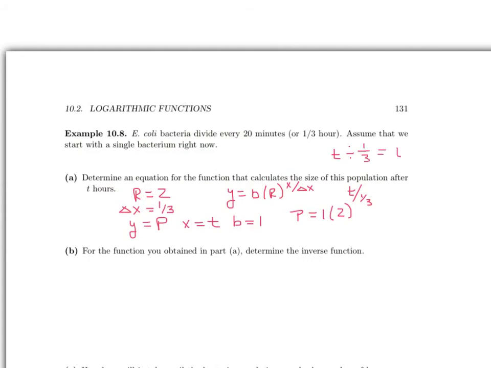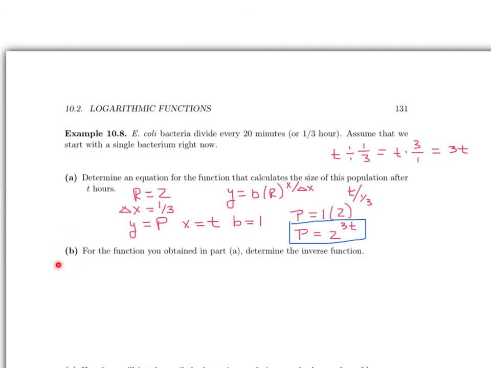Dividing by 1/3 is the same thing as multiplying by the reciprocal. So in this case, that means multiplying by 3. And so our exponent, when simplified, is 3t. So our equation is p equals 2 raised to the 3t. So this function illustrates how this population grows.